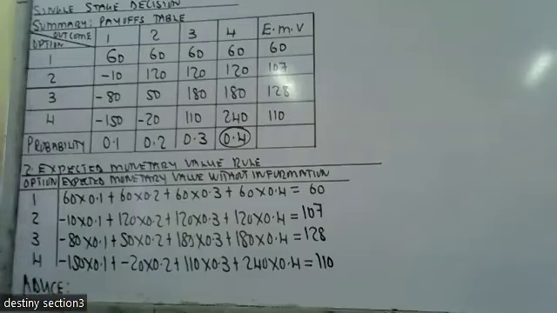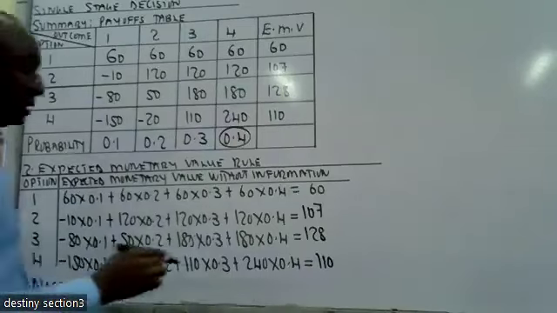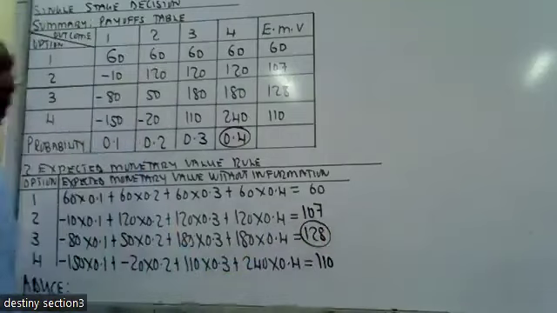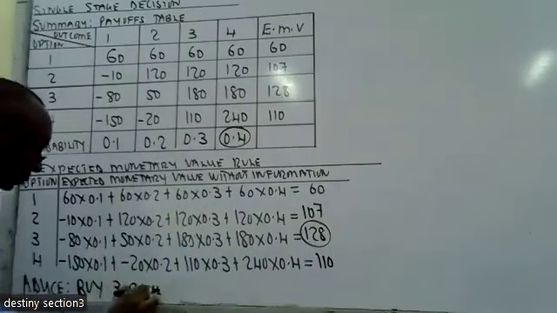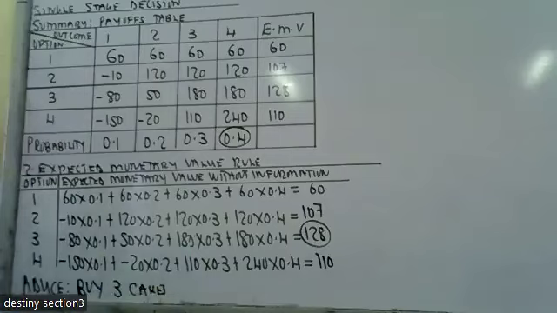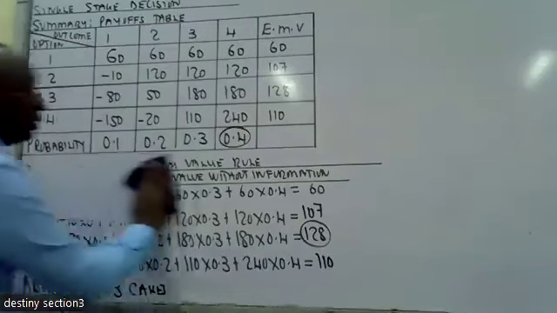The advice is now here we go for the highest. So the highest is 128. So you advise them to buy what? 3 cakes. You advise them to buy 3 cakes. And let's go to the next rule.